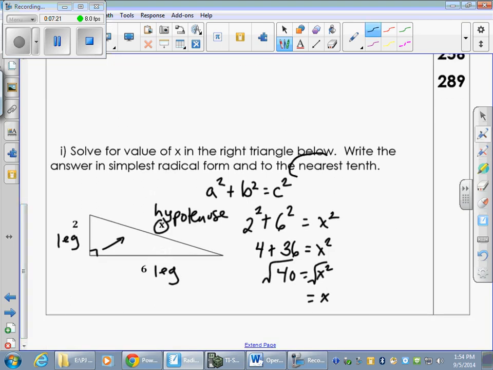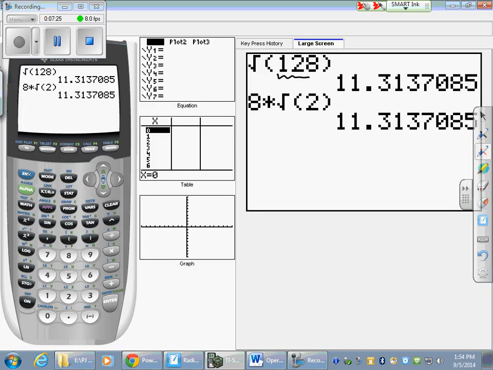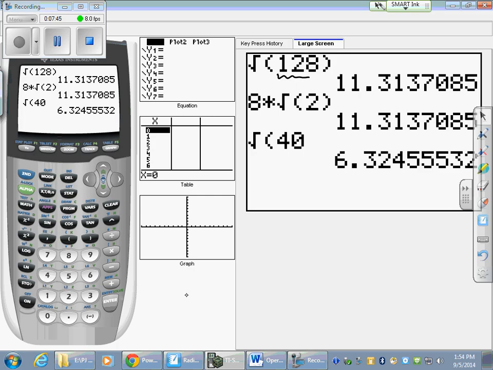So the nearest tenth can be found by using your calculator. And it would be about 6.3.